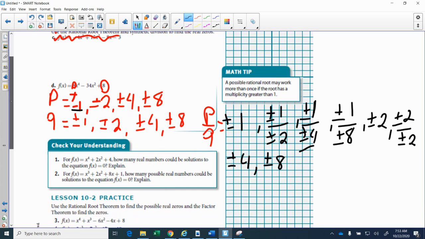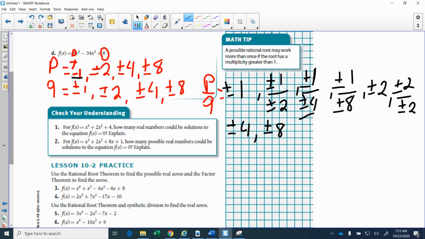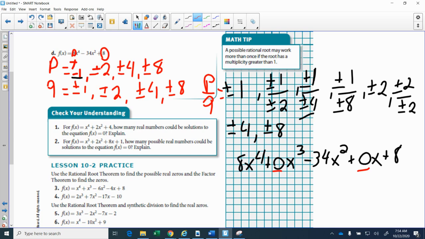Now let's talk about how you're going to do synthetic division. Basically, I have to use my values to solve this out. I'm going to use the leading coefficients of all those values sitting up there. Technically, this is 8x to the 4th plus 0x cubed minus 34x squared plus 0x plus 8, because if I don't have a value for my missing exponents, I need to fill them in.